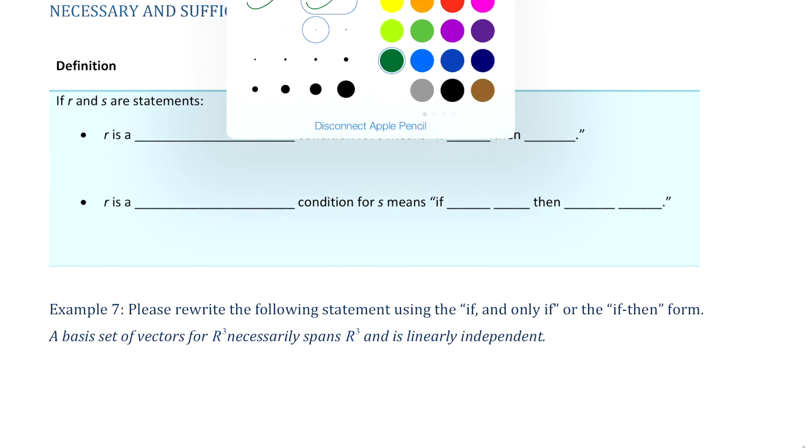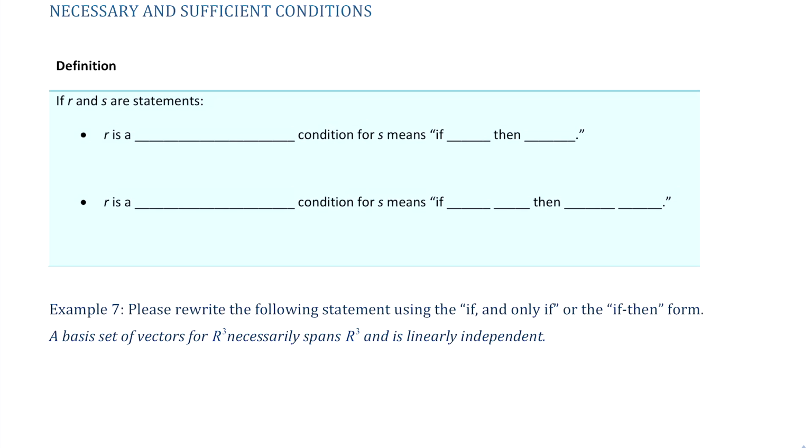Necessary and sufficient conditions. If R and S are statements, R is a sufficient condition for S means if R, then S. If Shannon is beheaded, then Shannon dies, right?